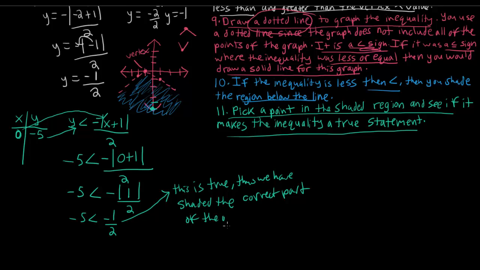So this is kind of a way to check, because we already shaded this part of the graph below the line because it was a less than. But then by plugging in this random point in the shaded region and getting a true statement right here, we know that we did indeed shade the correct part of the graph.